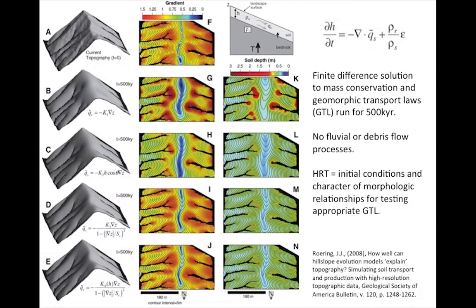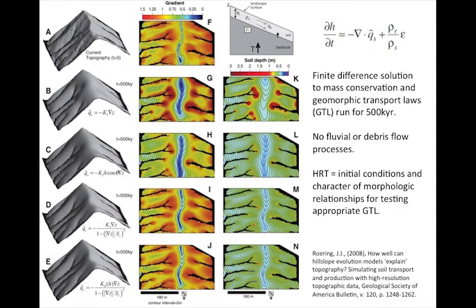He used high resolution topography as an initial condition, at the upper left, and then evolved that initial condition forward using different rules for how the soil material fluxed down the hillslope. He was able to show how different rules were more appropriate in terms of their correspondence with the landscape, comparing with the character of the morphologic relationship.